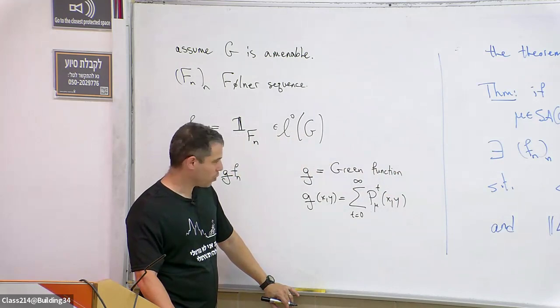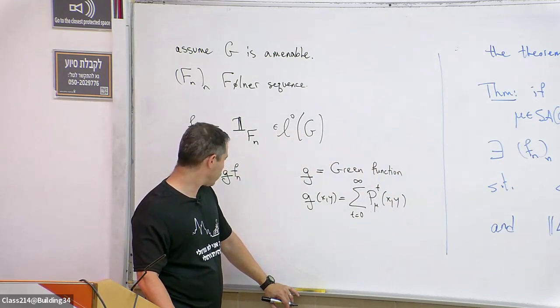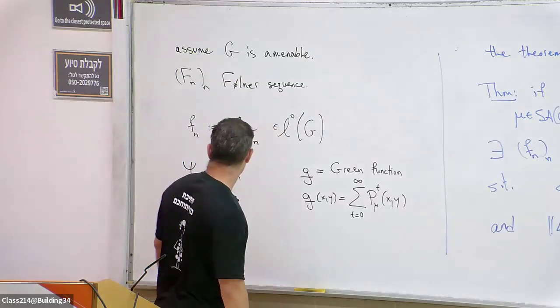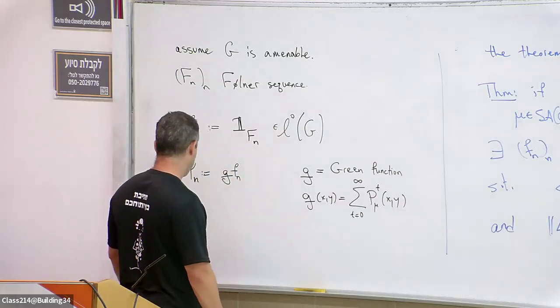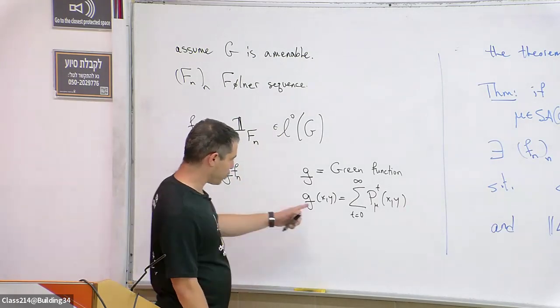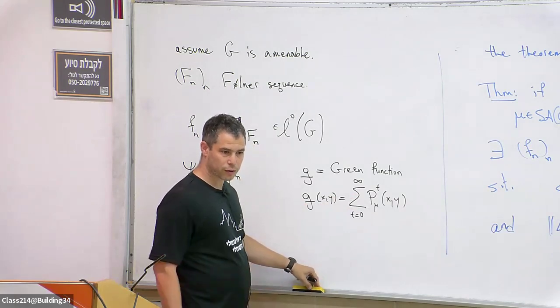And how does it act on a function? As a vector: this is a matrix and it acts on a vector by summing.